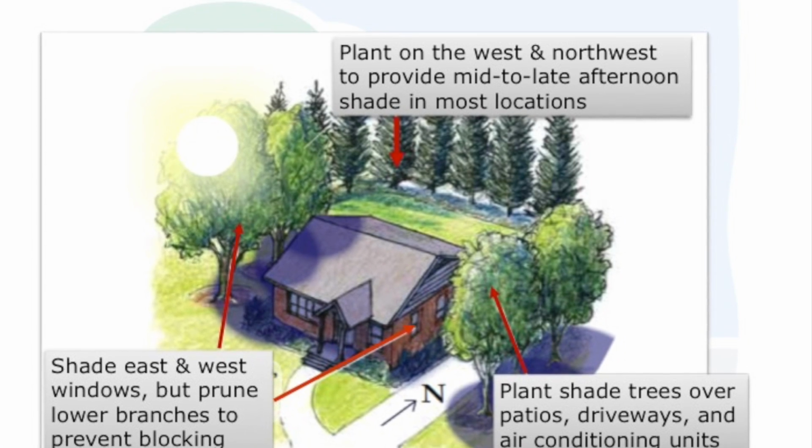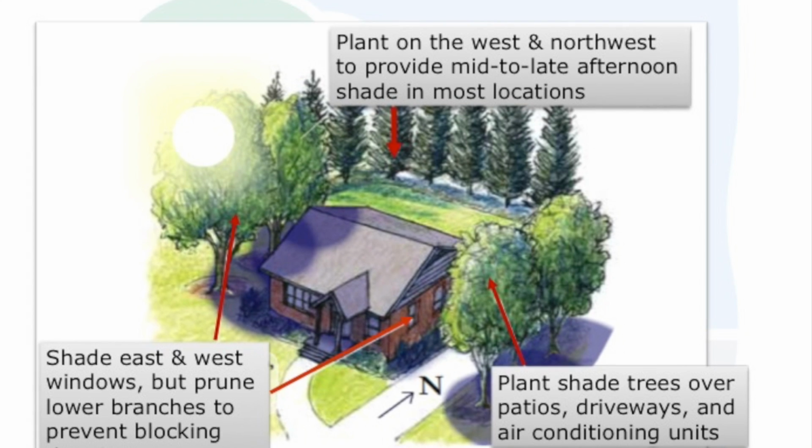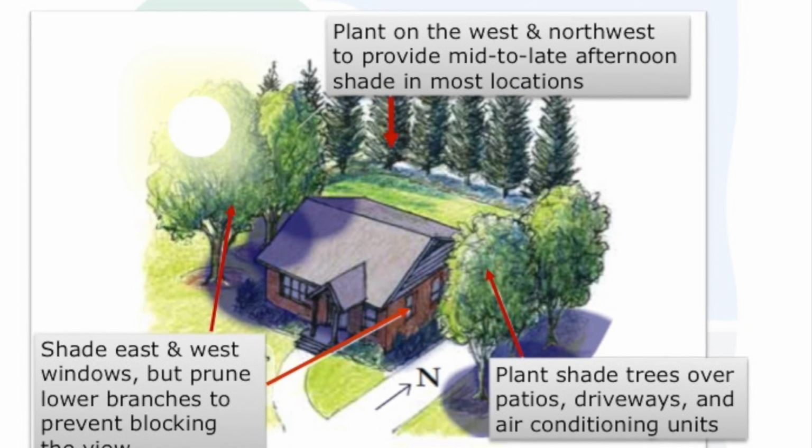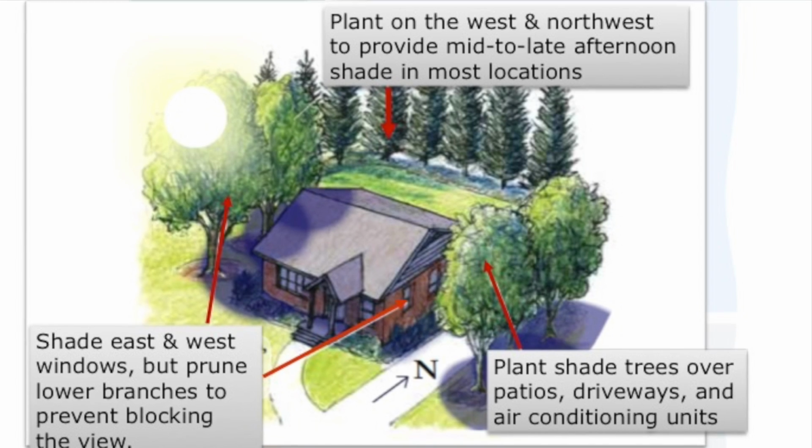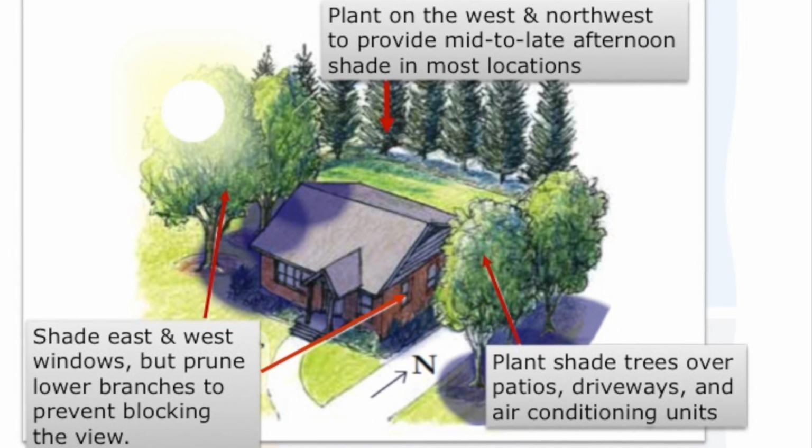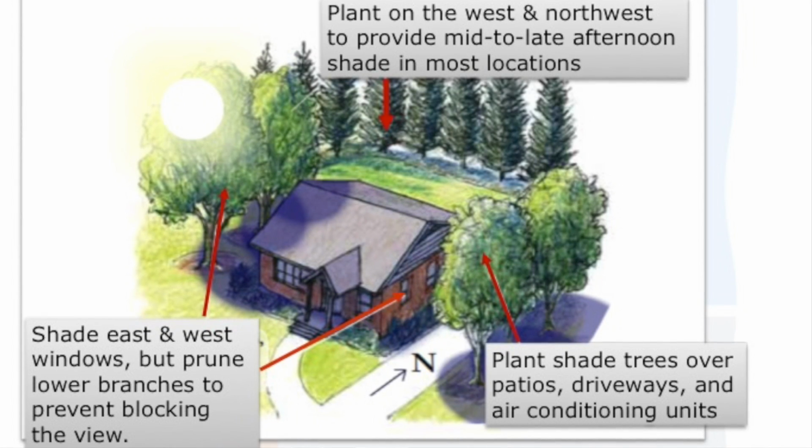So this is an image from the Arbor Day Foundation that shows these trees here. And with deciduous trees, the sun tends to come over the top, and it's going to shade the built surfaces. In addition, shading built surfaces like driveways and your air conditioning unit will also help reduce local heat island effect impacts.